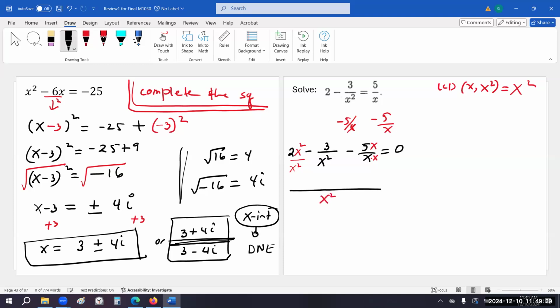So we write x squared only once and we combine all the numerators: 2x squared minus 3 minus 5x equals 0. What do we do now? We can multiply both sides by x squared so that the denominator cancels out. We get 2x squared minus 5x minus 3 equals 0.